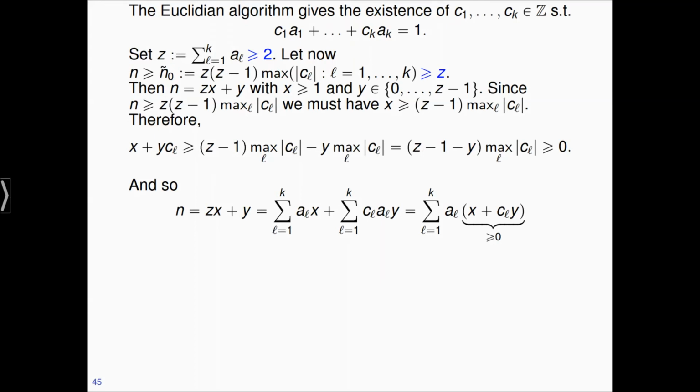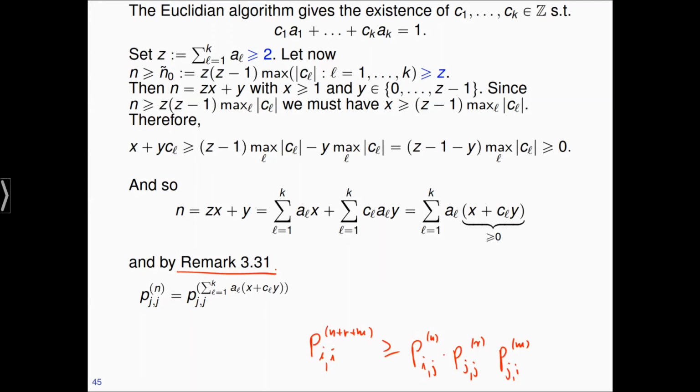The next step is going to be much more probabilistic now. Namely, we are going to use remark 331. So remark 331 said something like the probability to go from i to i in n plus r plus m steps is lower bounded by first going from i to j in n steps, then going from j to j in r steps, and then going from j to i in m steps.